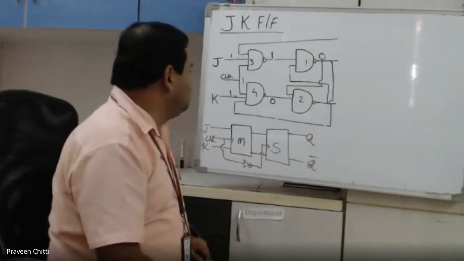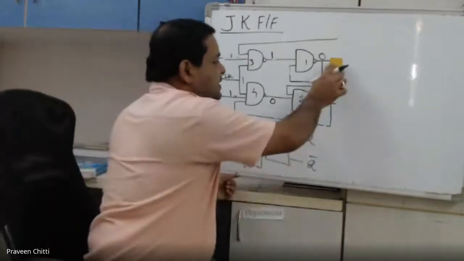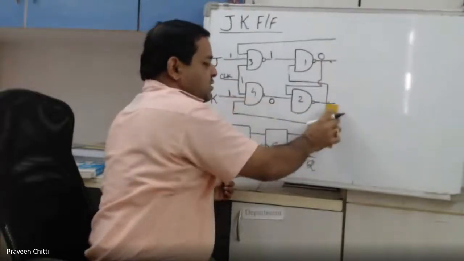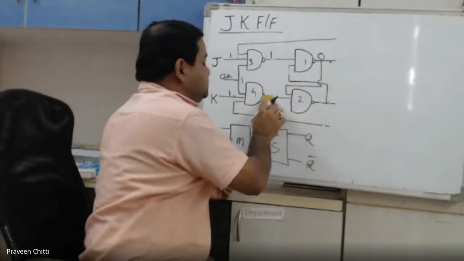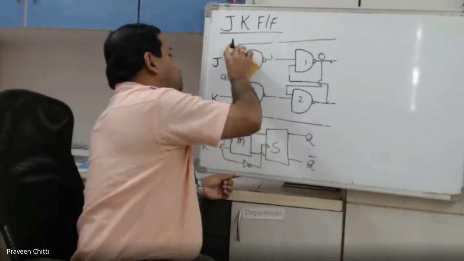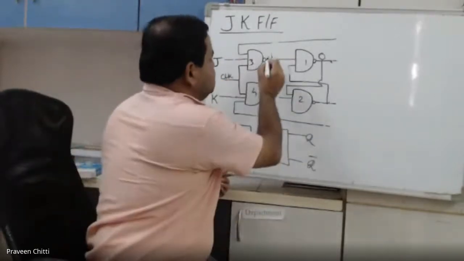What you need to do is, first, draw an SR flip-flop. I'll tell you how you should draw the master-slave JK flip-flop. First, draw the SR flip-flop like this.